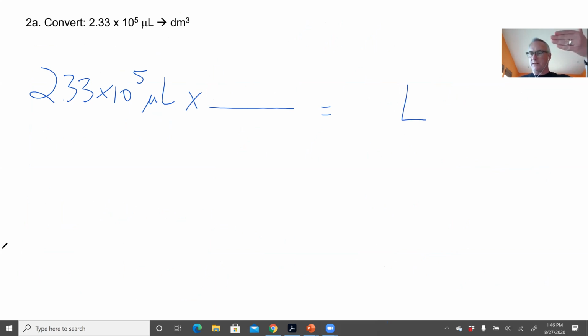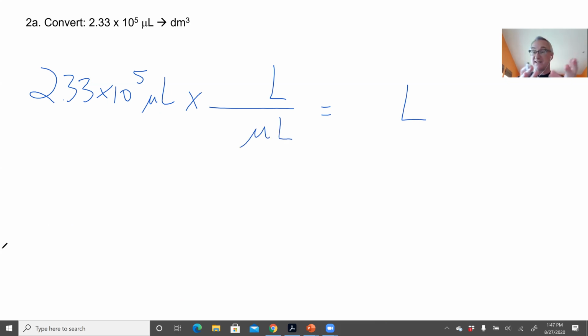What unit do I put on top? What unit do I put on the bottom? I want to end up with liters. So where do I put liters? In the numerator or in the denominator? Numerator. Put it in the numerator. I always put what I want on top because that's what's going to be left. And what I want to get rid of, the unit I want to get rid of, I'm going to put that on the bottom.